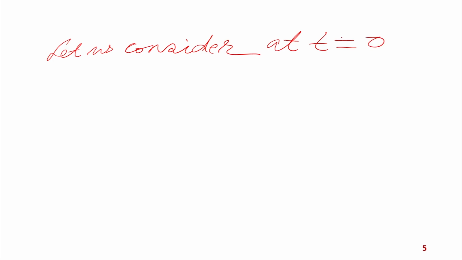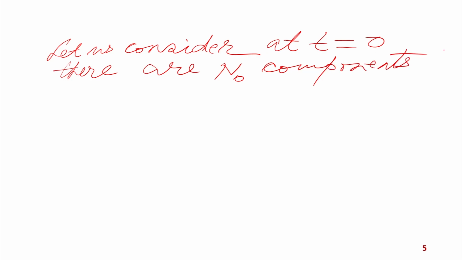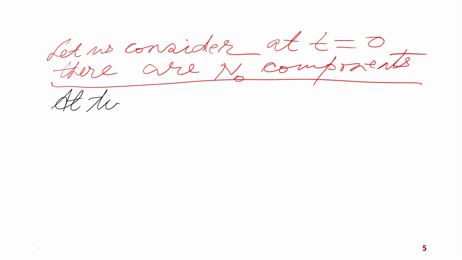So, now let us consider at t equal to 0, there are n0 components, and at time t, let us define ns as the number of components that have been successfully tested.